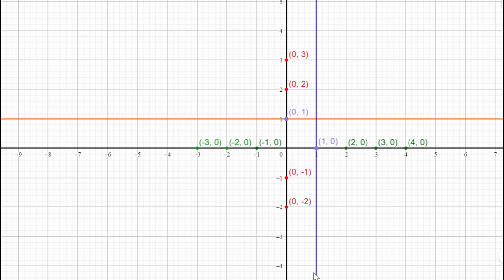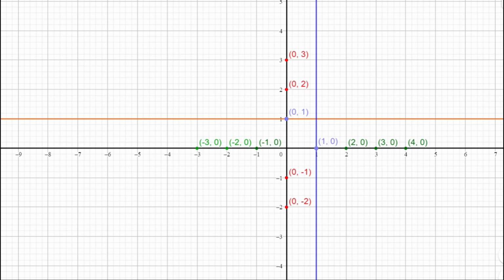To find the x-coordinate of a point, we have to draw a perpendicular to the x-axis and observe where it meets. That is the x-coordinate of that point. So if you take any point on this line and draw a perpendicular to the x-axis, it meets at this point 1. Therefore, the x-coordinate of any point on this line is 1.